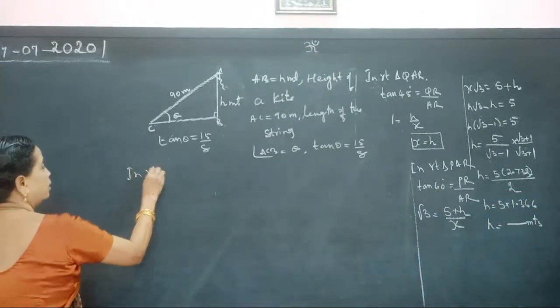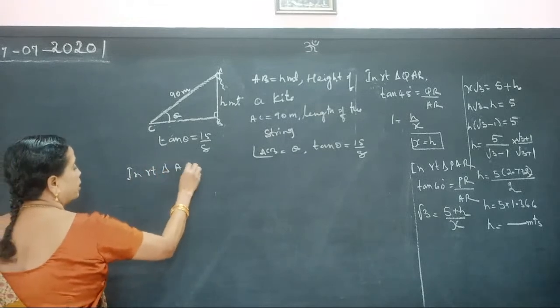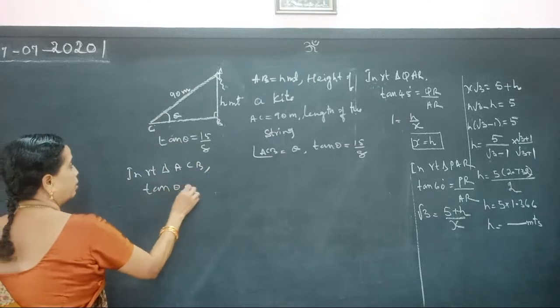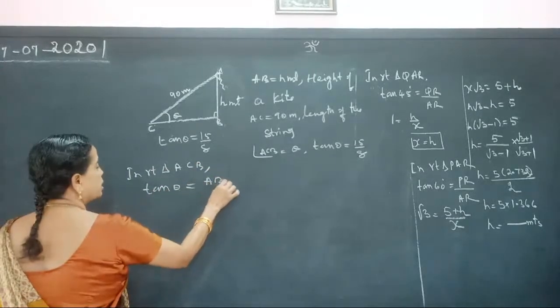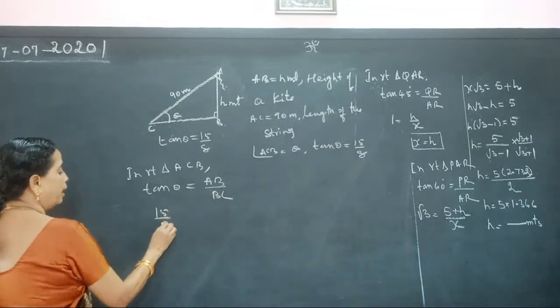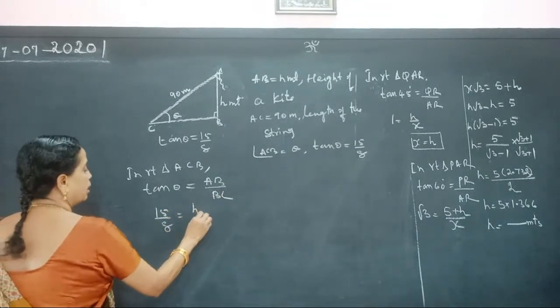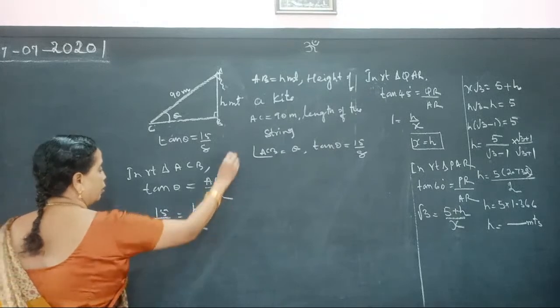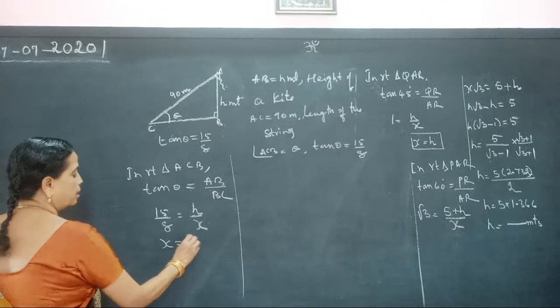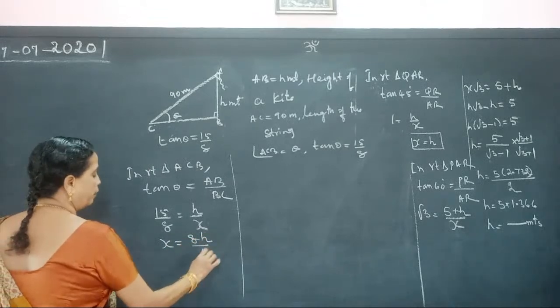In right triangle ACB, tan theta equals opposite side by adjacent side. 15 by 8 equals h by x. Do the cross multiplication. X equals 8h by 15.